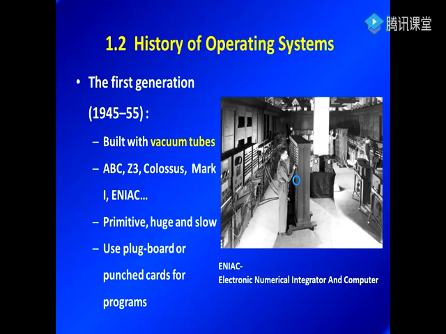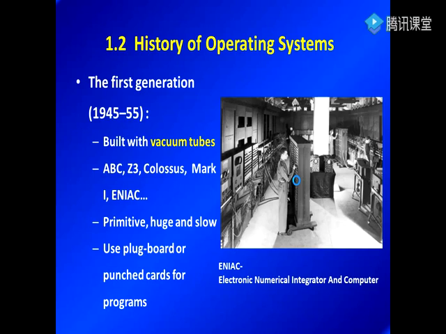This picture shows us the ENIAC, the famous computer from 1945, and it's very large. Because it's built with vacuum tubes, we need a very large space to locate it.